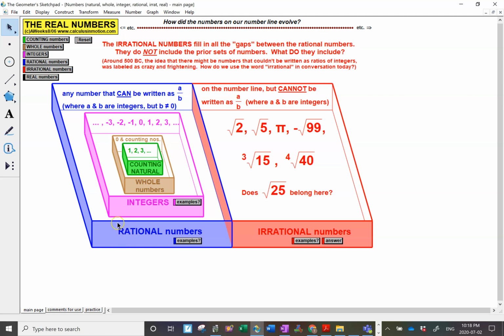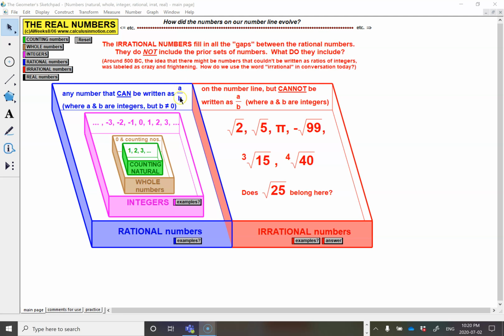Now, I forgot to tell you what the symbol for rational numbers is. The symbol for rational numbers is the letter Q. And again, why is it Q? Q is derived from an Italian word, quoziente, I don't know if I said it correctly, which means quotient. As we know, a quotient is the result of dividing two numbers.